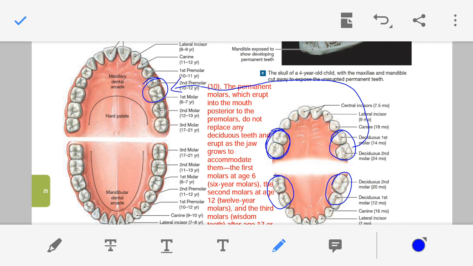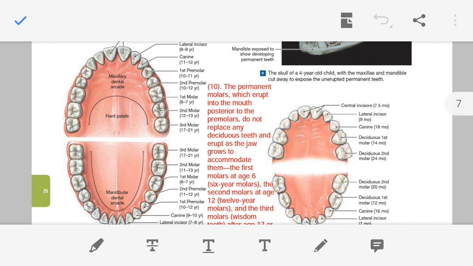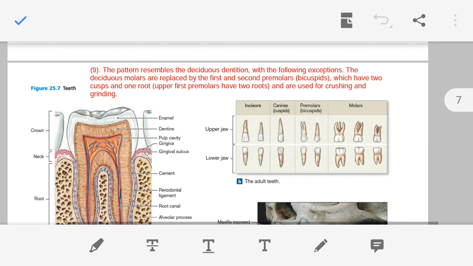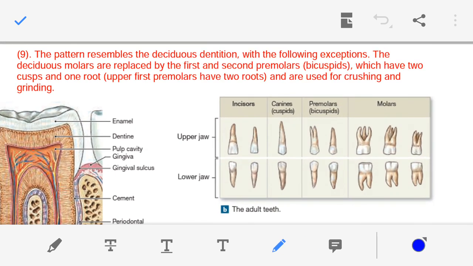These two are replaced by these two. So in short, the deciduous molars are replaced by the permanent premolars, and the premolars are the bicuspid.